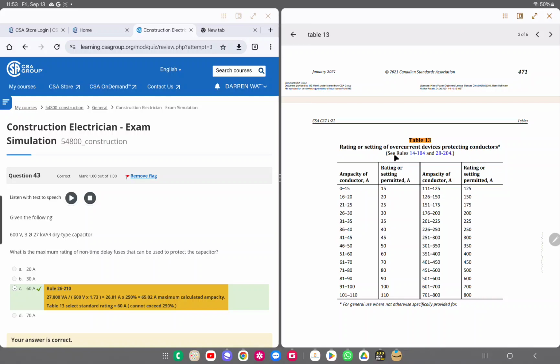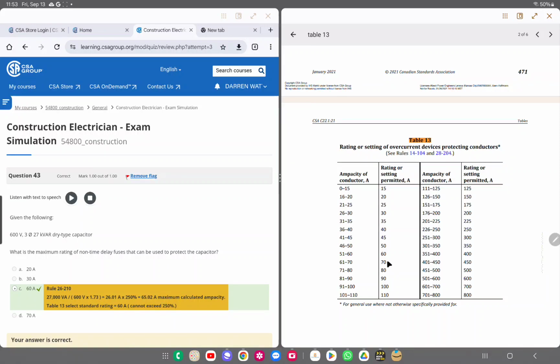Anytime you're dealing with a range, anything on the left side, in this case we have an ampacity of 65, we're looking for a 65 overcurrent protection. There is none, so we look into the range, the range being 61 to 70. That's where our 65 would fit.